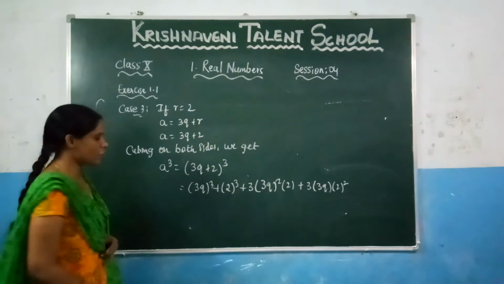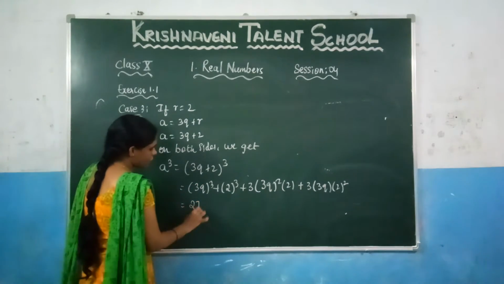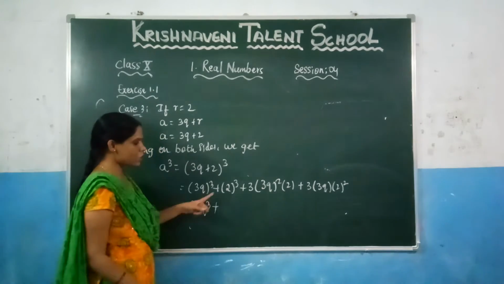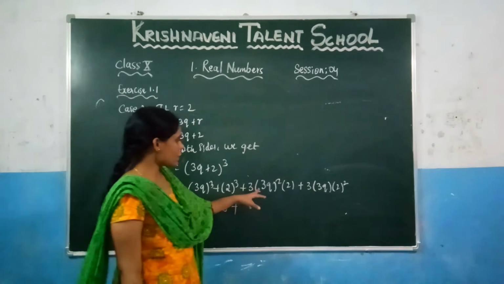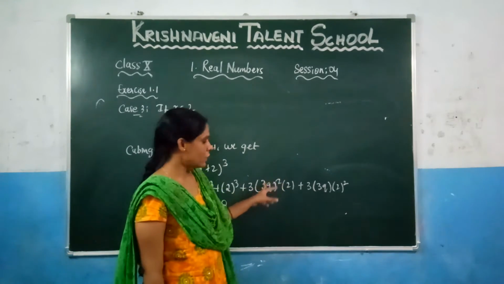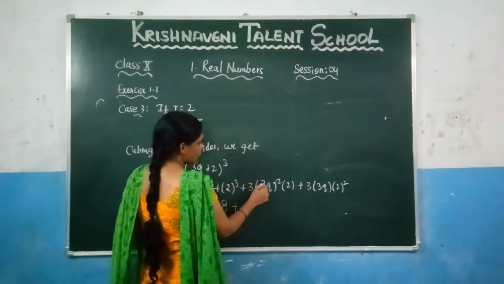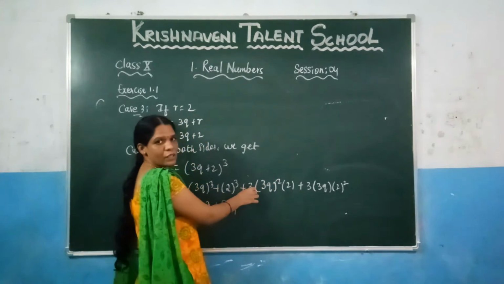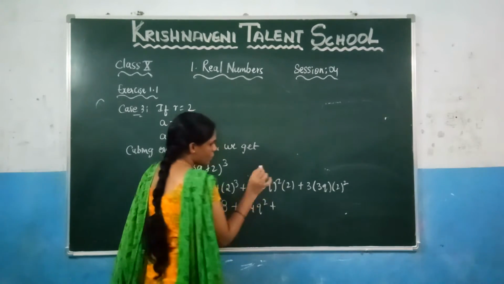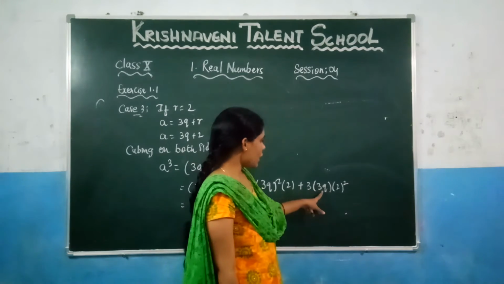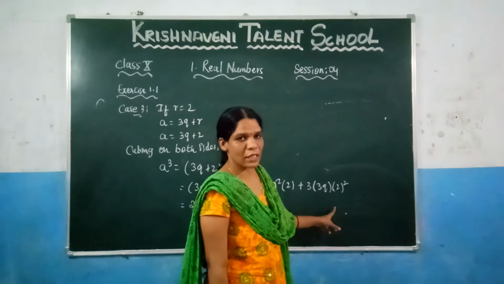Just expand this one so that what you will get, 3 3s are 12, 12 3s are 36.